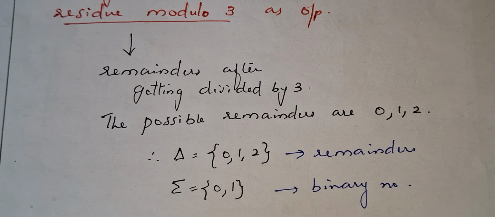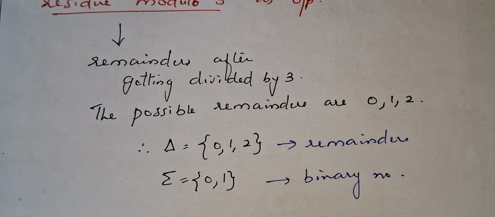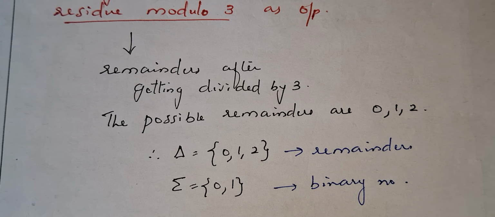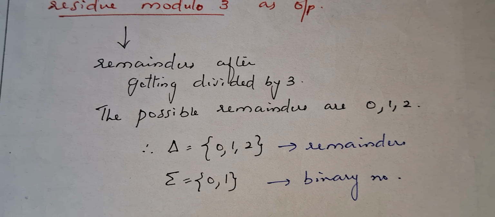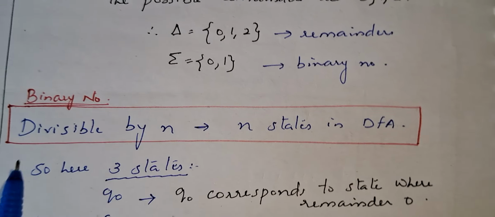In case of binary number, if it is divisible by n, then there will be n states in the DFA. If it is divisible by 3 the DFA consists of 3 states. If it is divisible by 4 the DFA consists of 4 states. This is an important thing.